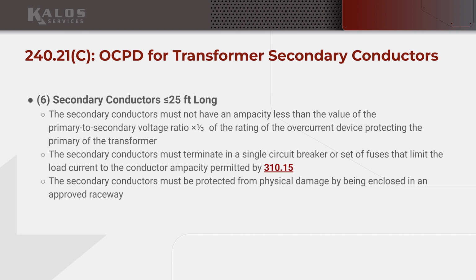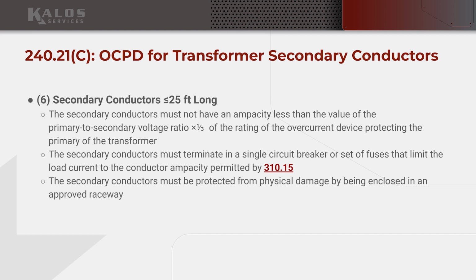It's not really our fault that we're being told to suspend a transformer that feeds a panel that's probably on average at least 15 feet away in terms of secondary conductor length. And so, hey, Mr. Engineer, you didn't think this through thoroughly enough. This is the rule, 240.21(C) says so. What do you want me to do about it? Oh, I want you to do this. Cool. Here's the extra expense for that.